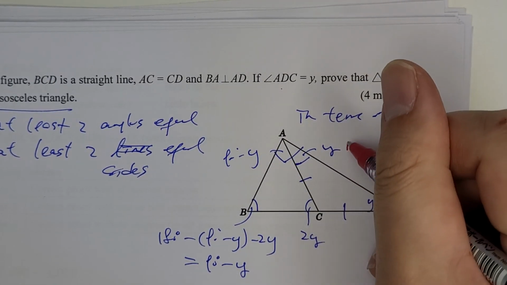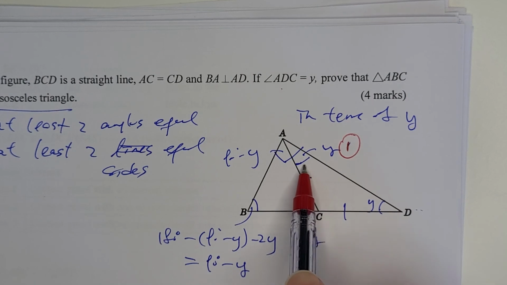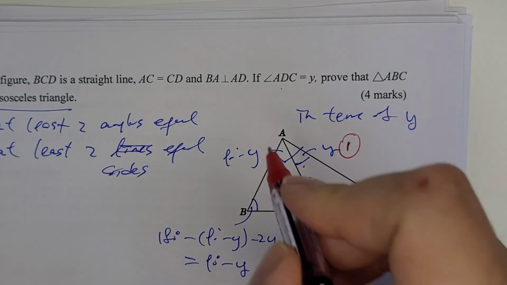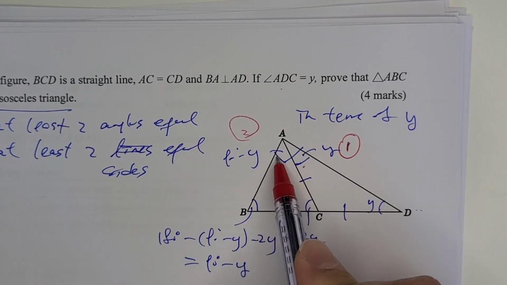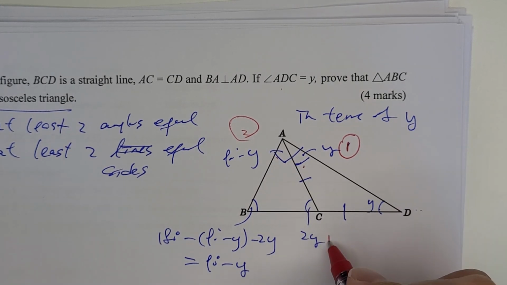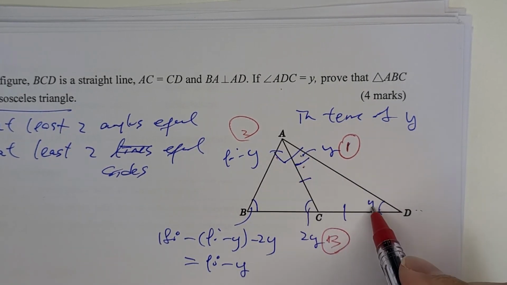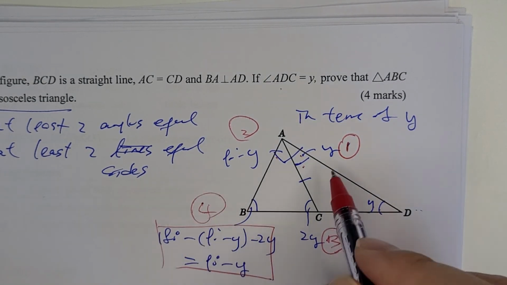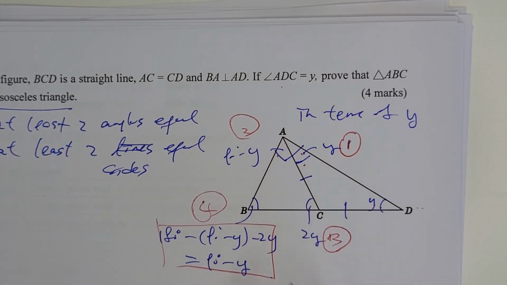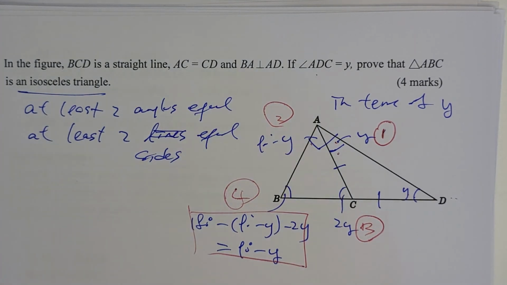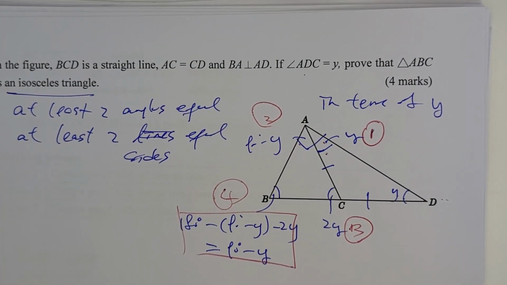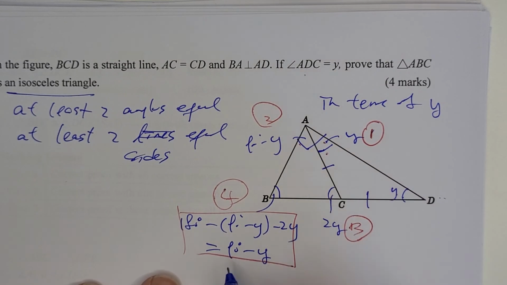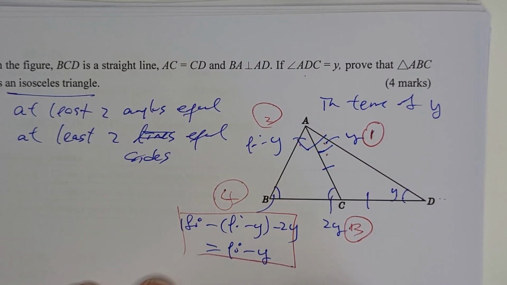So the first step you find is this one, right? Write down 1 here. The second step you find this angle. And the third step you find this angle, right? And this is the fourth step. Just follow the order of the numbers to present it one by one. Don't worry. 1. Angle CAD also equals y.